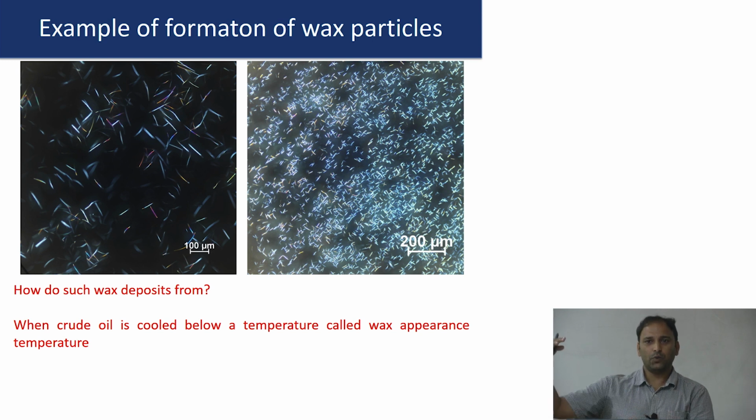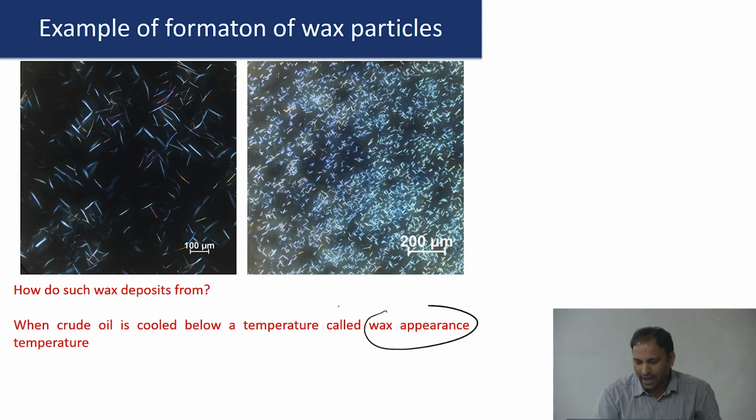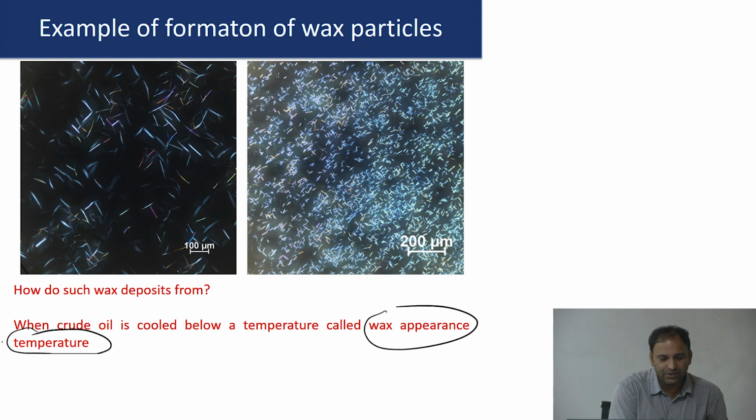Now if you start cooling it down, at some point you start seeing the formation of these needle-like structures, and these needle-like structures are the wax crystals, which form whenever you cool this fluid to a temperature called the wax appearance temperature.